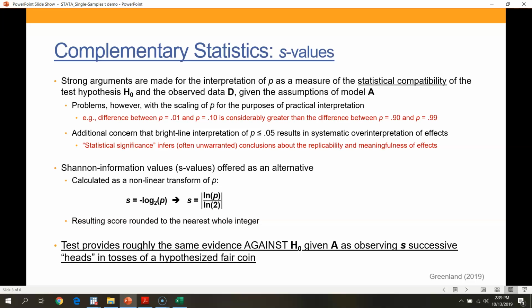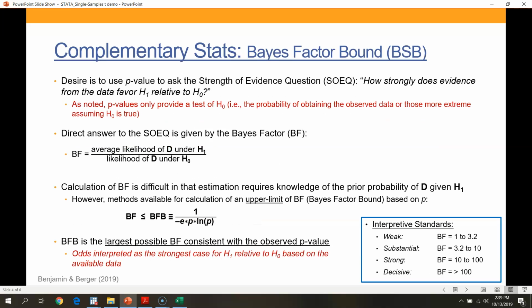At 10 consecutive heads, I might start to question whether or not that was actually a fair coin. Then there's the Bayes factor bound, interpreted as the largest possible odds for the alternative relative to the null based on the data that we've collected here.